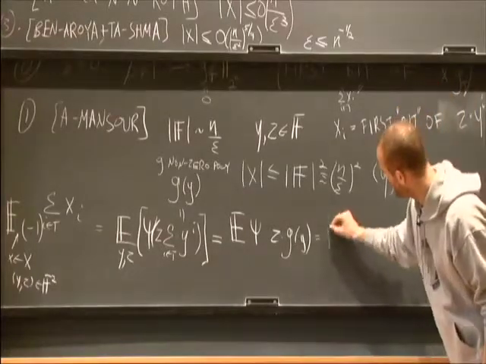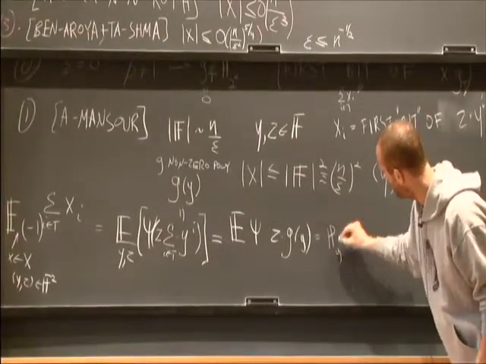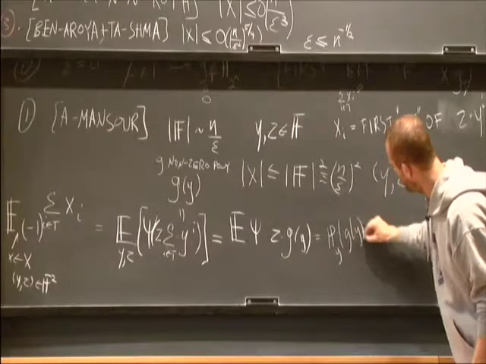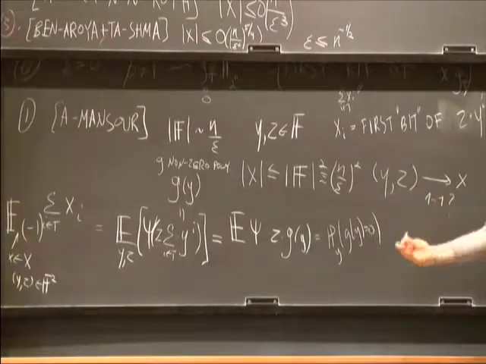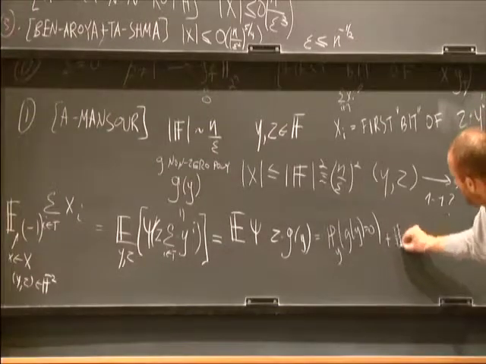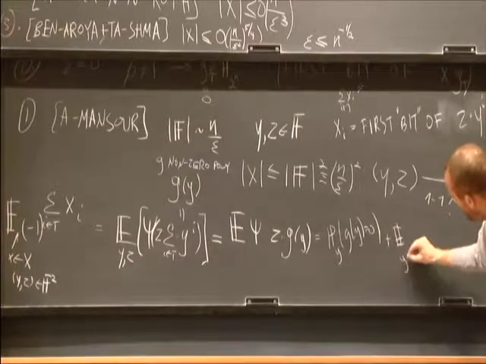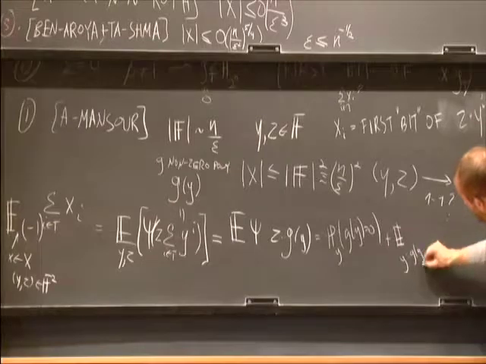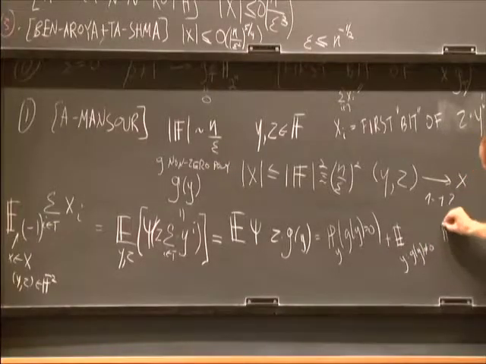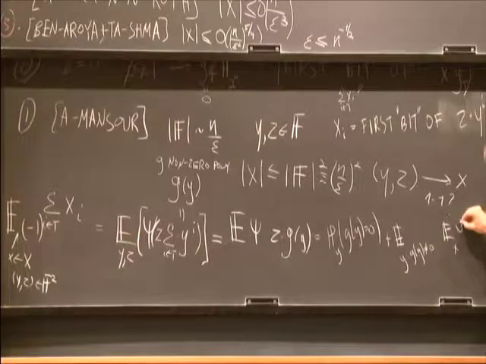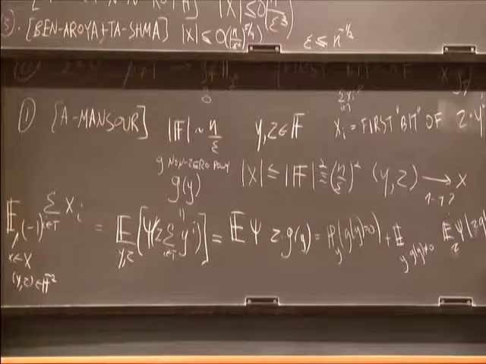So this is equal to the probability over y that g of y is 0. And now we have the complement: the expectation over y such that g of y is non-zero, and then the expectation over z of psi of z times g of y.